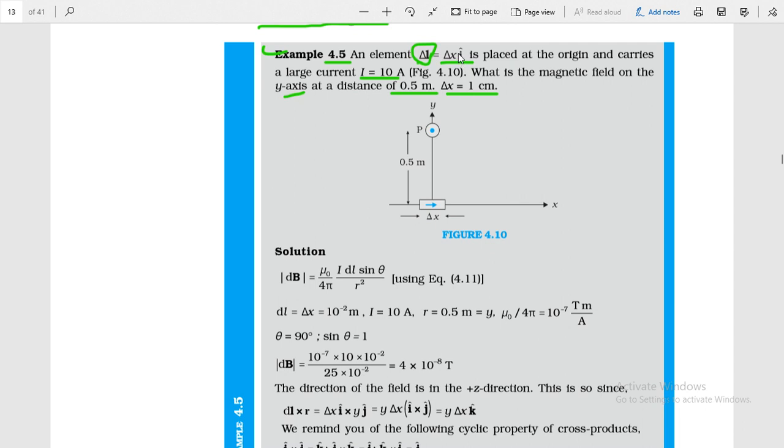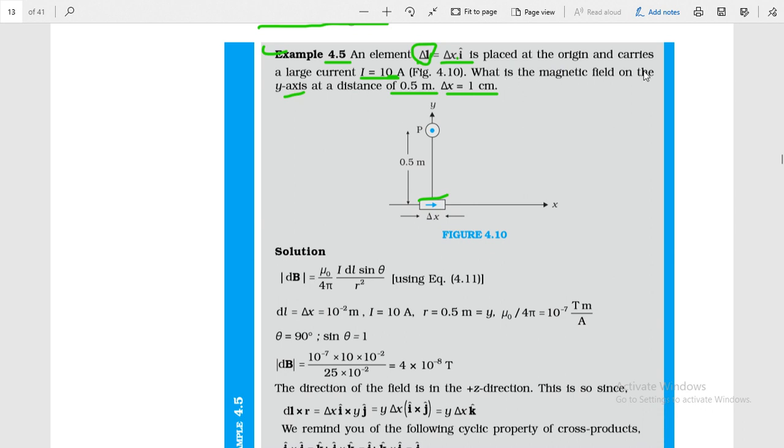I cap shows that delta L is along the x-axis, and the length of this element is delta x. It is placed at the origin, so the initial point is at the origin, and it carries a large current I equal to 10 ampere. So the current in this conductor is 10 ampere.